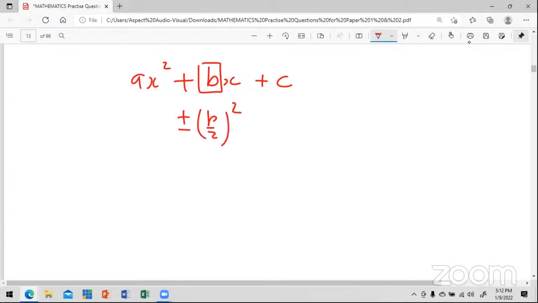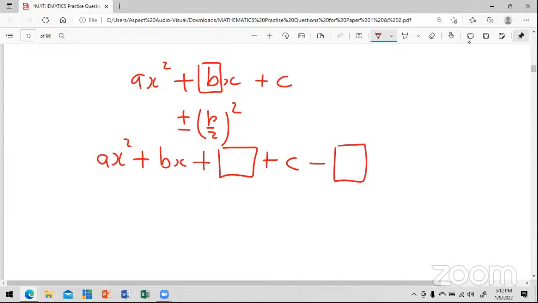We write it as the bx, then you add the term, and then you subtract the term. You can't take away something that I haven't given you yet. That's why it's important to add first before we take away. We ensure that the coefficient in front of your x squared variable is always 1.